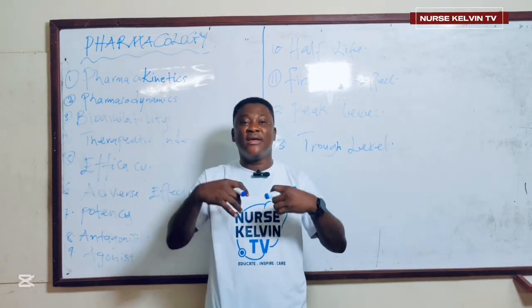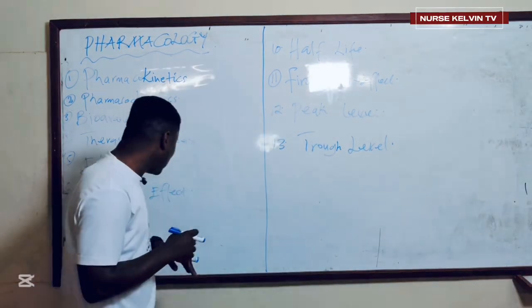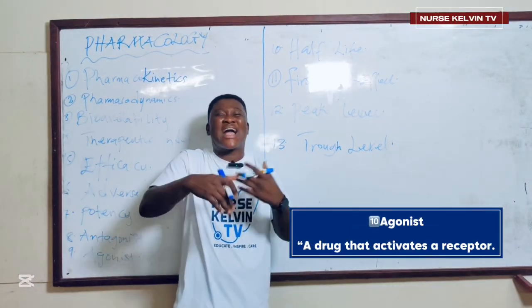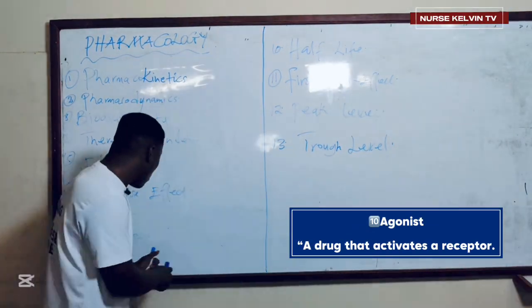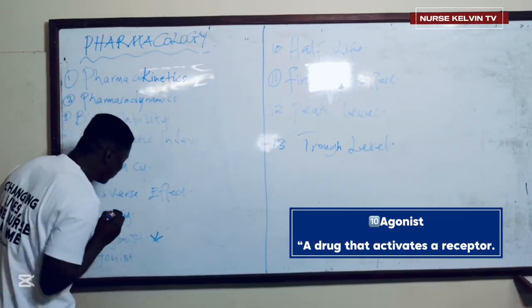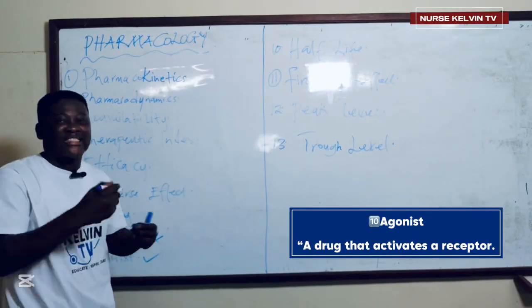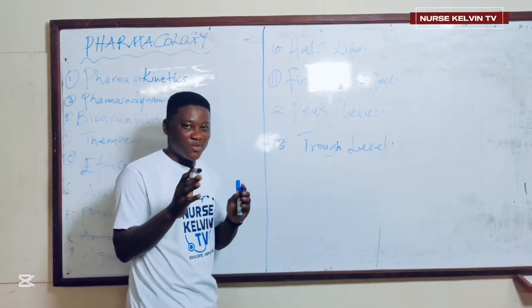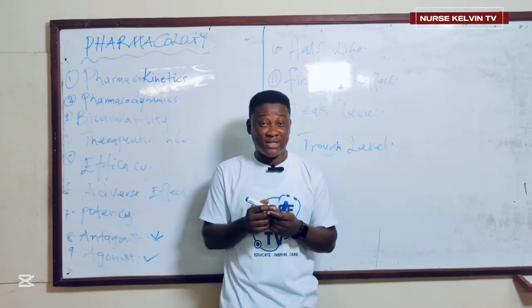Then we have agonists. Those ones are drugs that activate. So this one will block the receptors, but this one will activate the receptors. I hope you get what I'm doing.